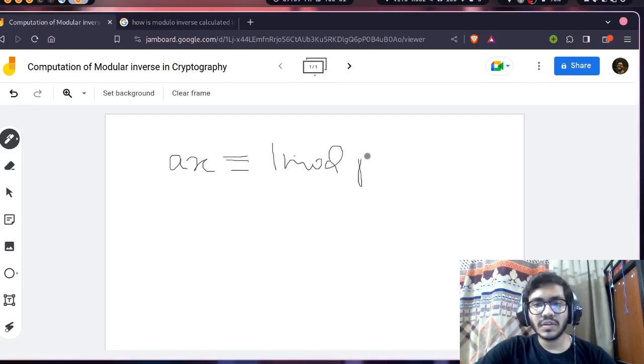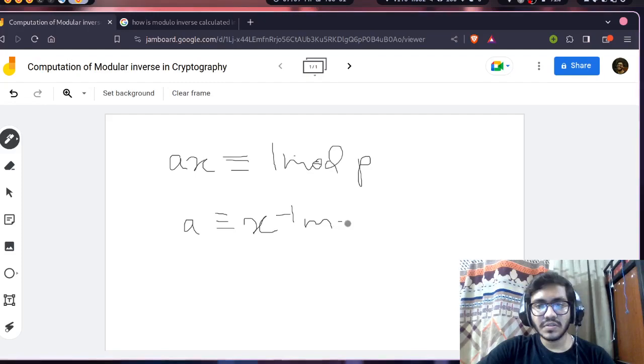Technically, modulo inverse is the value which when multiplied with a number gives 1 modulo a mod, which is basically a prime, or it can be anything. So, putting it here, the number x is the modulo inverse of a under p. So, something like this. Right.